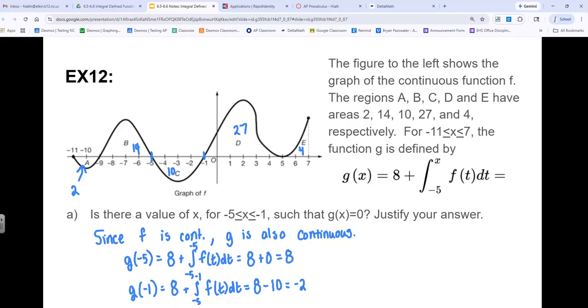So if we go from 8 down to negative 2, do we have to cross 0? Yes.